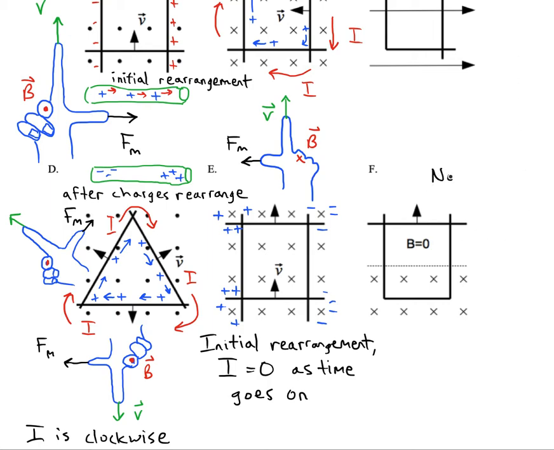Because there's no magnetic field for the wire to move through, there won't be a magnetic force. And therefore, there won't be any induced current.